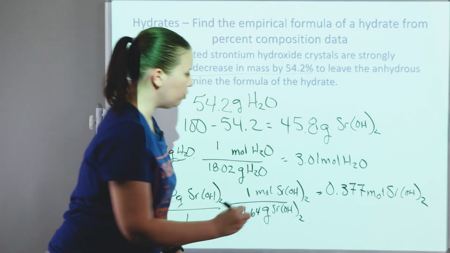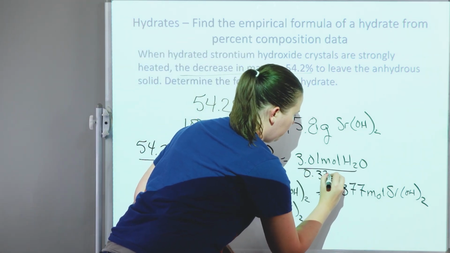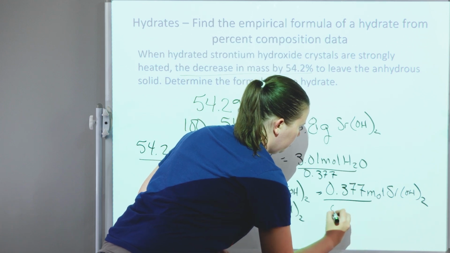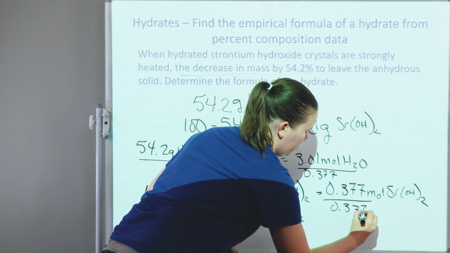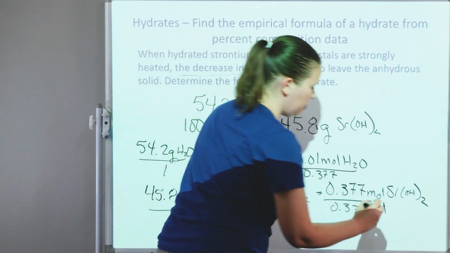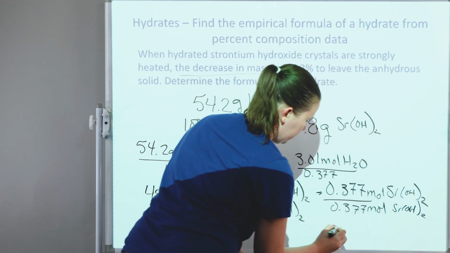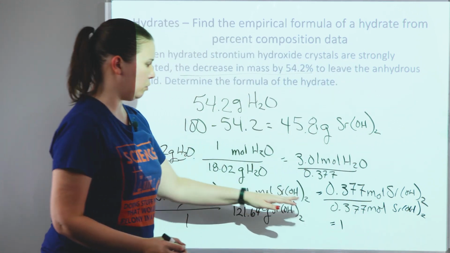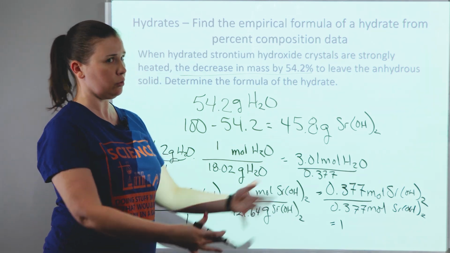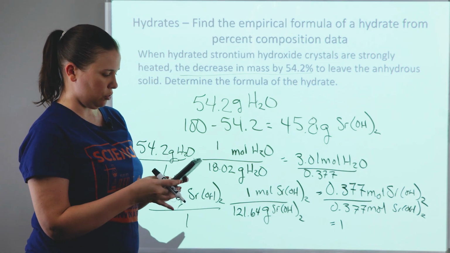I'm dividing by the 0.377 moles. And of course, what would we expect comparing moles of something to itself? A number divided by itself is, of course, 1. So I have a 1 mole to mole ratio of strontium hydroxide to strontium hydroxide. Big surprise there.